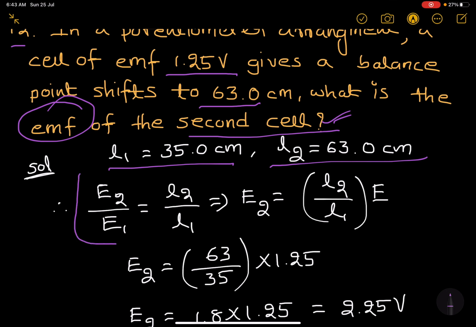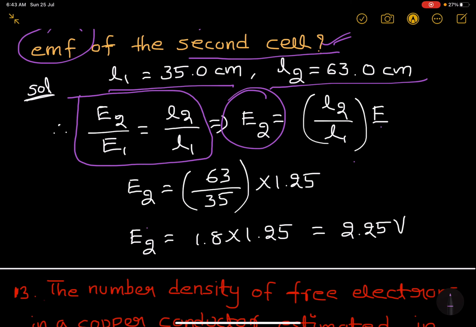The potentiometer formula is E2 by E1 equal to L2 by L1. We want the second cell, so E2 equal to L2 by L1 into E1. Substituting, E2 equal to 63 by 35 into 1.25, which gives 2.25 volts.